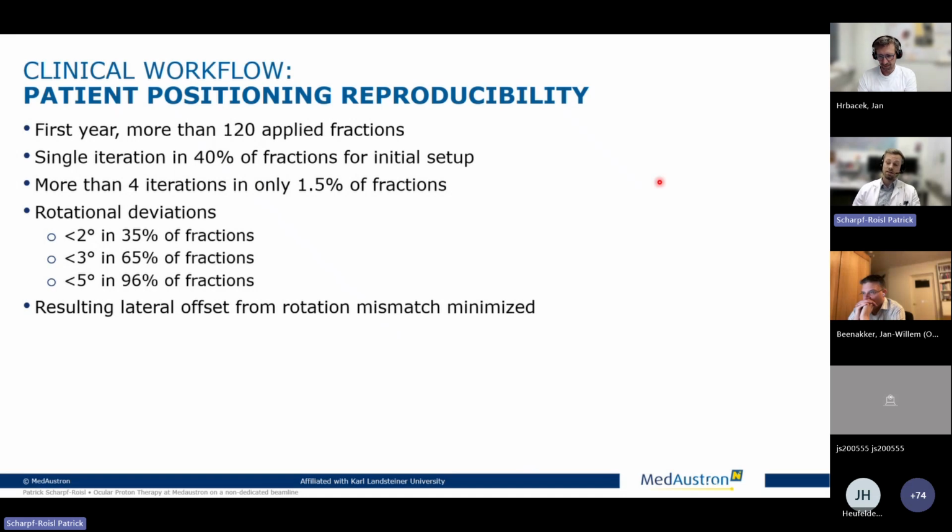What I also want to mention is that the resulting lateral offset from the rotational mismatch is additionally minimized by choosing a translational correction which centers on the mean deviation of the clips. So a 5-degree offset does not mean a 5-degree lateral offset.